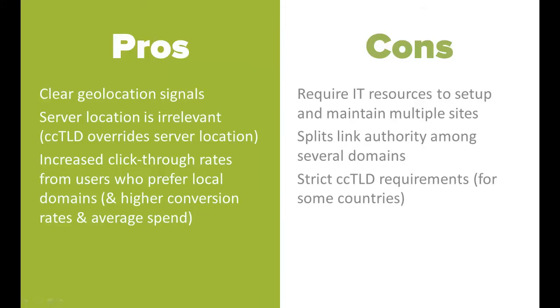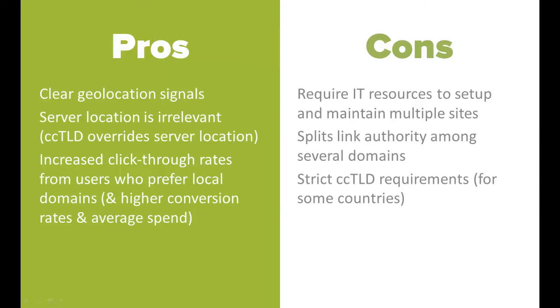And also there tends to be an increased click-through rate from users who prefer local domains. So for example, French users, if they see .fr in the search result pages, and your top level domain has a French domain extension, then they're likely going to click on that URL knowing that that site is designated or tailored specifically for French users.